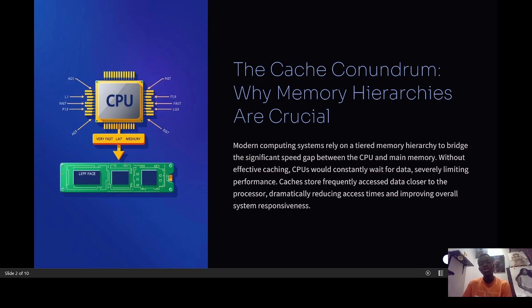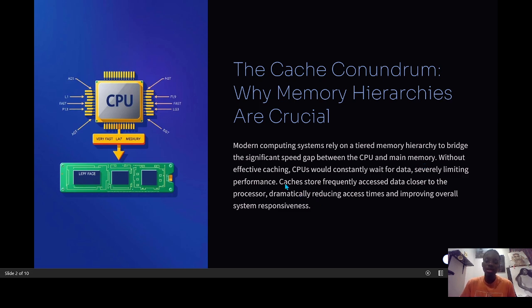So let's start with the cache conundrum and why the memory hierarchy is crucial. Modern computer systems rely on the tiered memory hierarchy to bridge the significant speed gap between the CPU and the main memory.